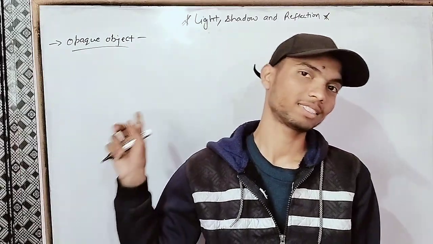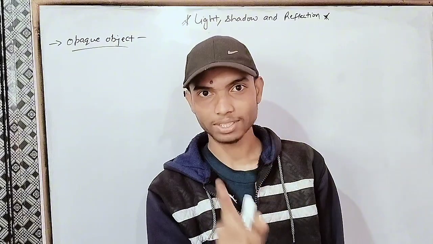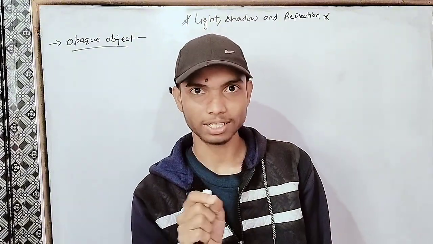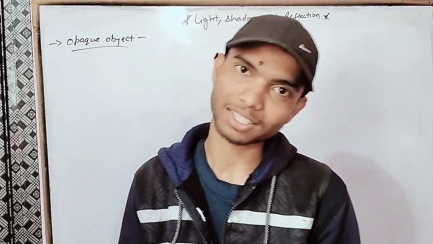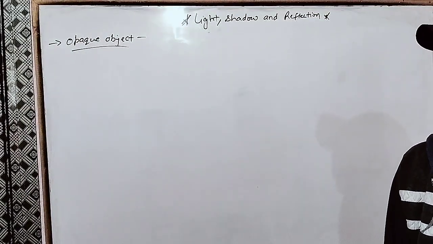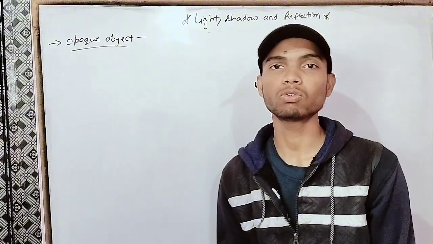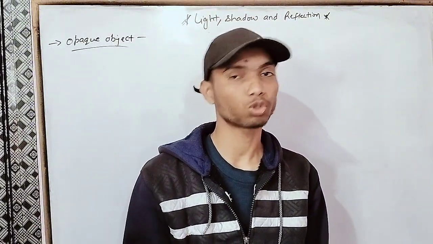Who says? This word says. So this blocked light by the object will form what? Shadow. It will form a shadow. It is happening because light is not passing through the object.